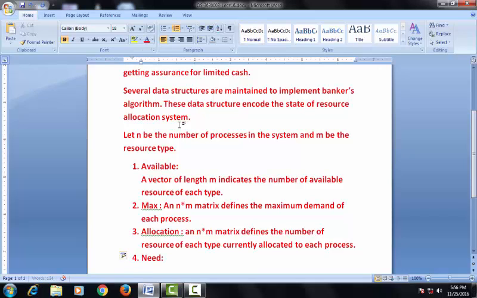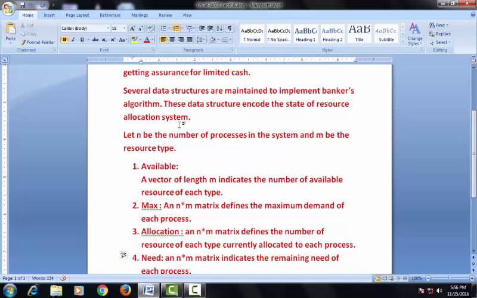Now the fourth data structure is Need. We will use that data structure in our algorithms, so let's understand what Need is. It is an n cross m matrix that indicates the remaining need of each process.